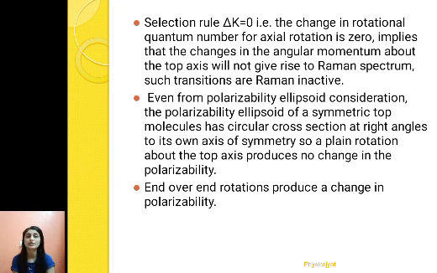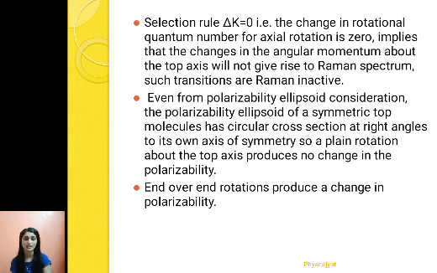Now selection rule delta K equals 0. Simply, that means the change in rotational quantum number for axial rotation is 0. That means there is no exchange of energy taking place between molecule and photon. The changes in angular momentum about the top axis will not give rise to a Raman spectrum, and such transitions are called Raman inactive transitions.